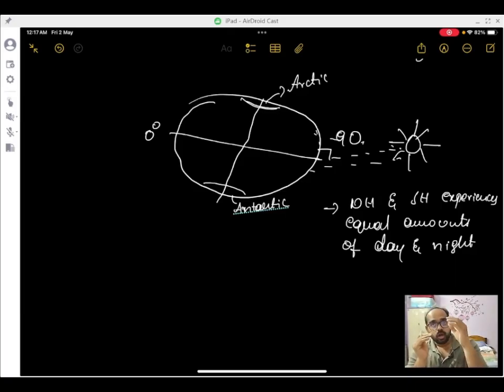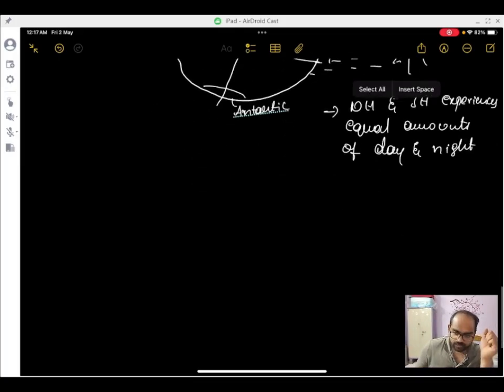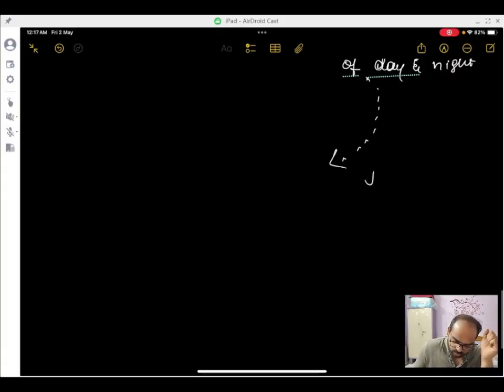That means the northern hemisphere is coming under the influence of the sun. So after the equinox, Earth is moving in a clockwise direction. And on June 21 or 22, what happens?